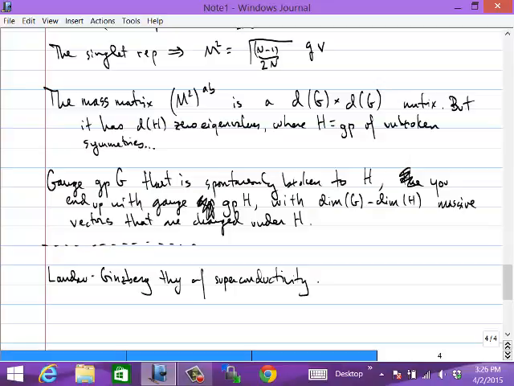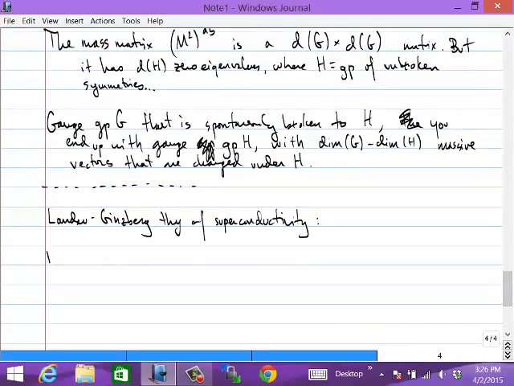So what's the basic idea? The basic idea, as I believe was originally proposed by BCS, was that in a superconductor, electrons, which are charged spin-1/2 particles, can form pairs, known as Cooper pairs.